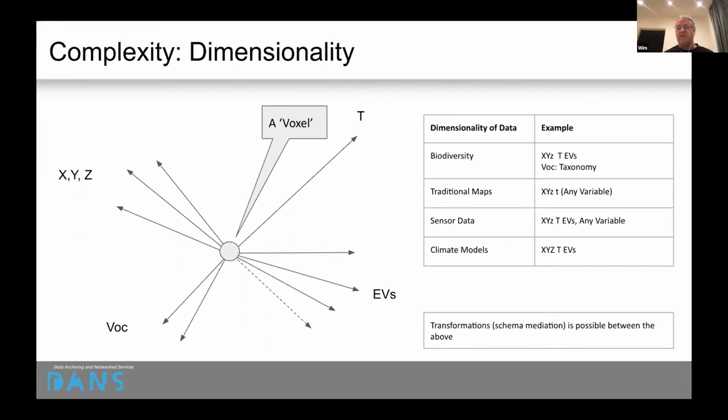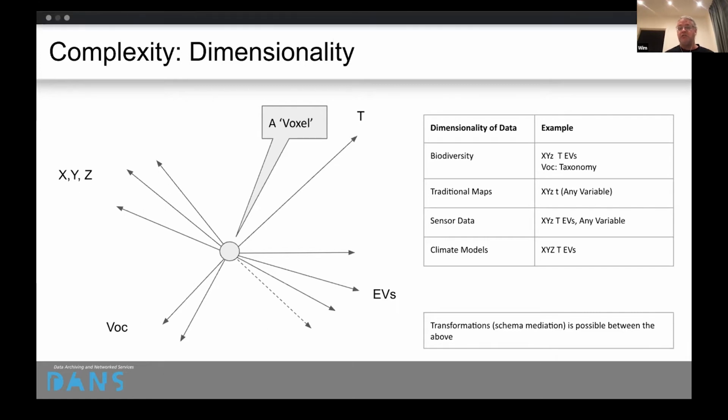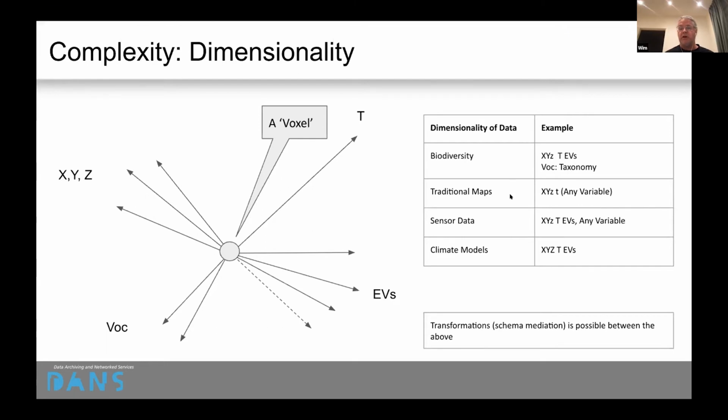So these might be things like the life stage of the species that was observed, for example. Traditional maps, Kevin has discussed, are generally speaking just in 2 dimensions, flat maps, X and Y. They generally don't have a time dimension, and they more or less represent any variable out in the wild.